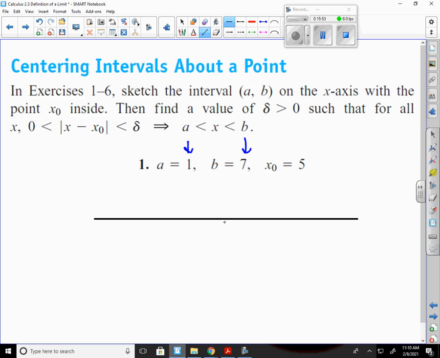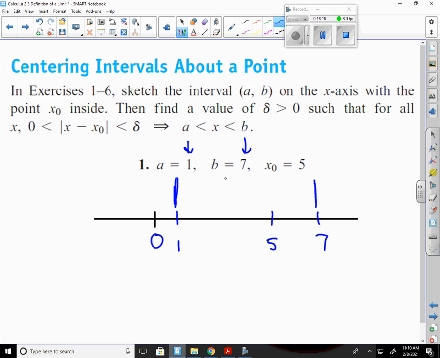So if I'm looking at this number line, I could put these points on a number line. There's 0. There's 1. We'll call this 5, and call this 7. So my interval has to fall within 1 to 7, because that's what it tells me.